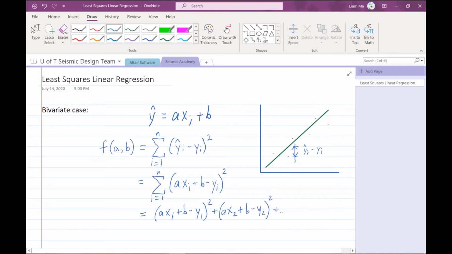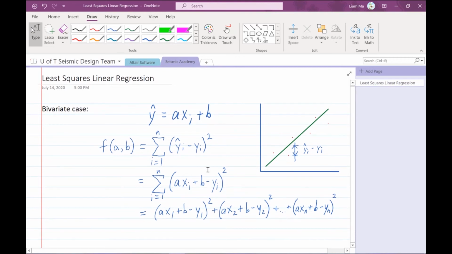And you do this on and on until you get to your last data point. So this summation is basically summing what you see inside the sum, which is this squared expression, and you just add all of those expressions for i equals 1, i equals 2, all the way up to i equals n.